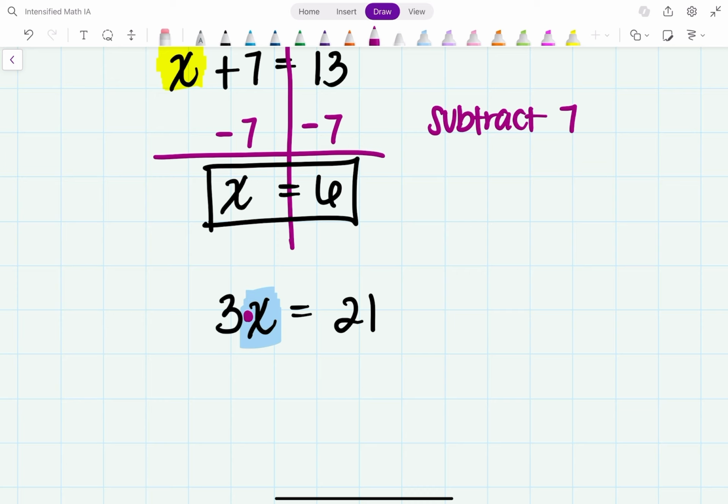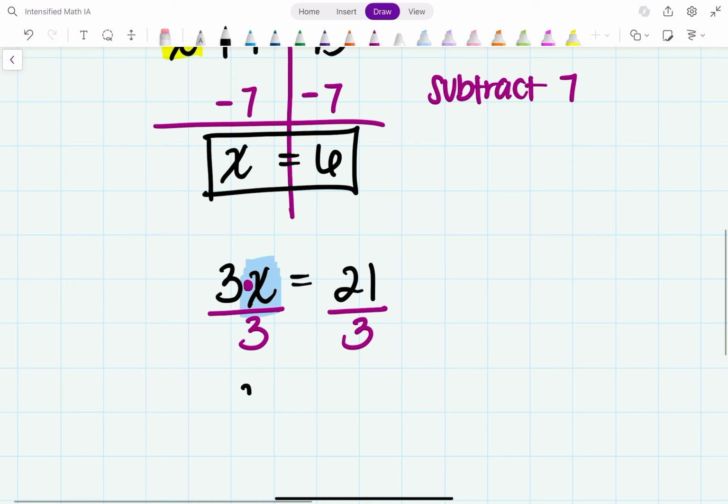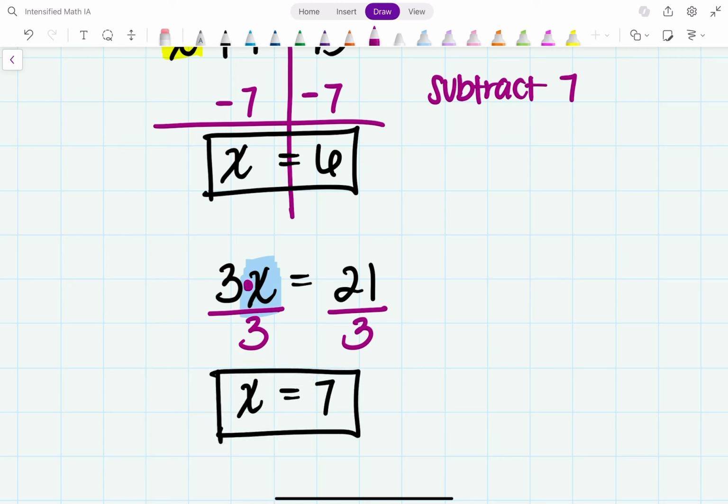We have multiplication between the 3 and the x, so to get rid of the 3, I have to divide both sides by 3. That gives us 1x, or x, is equal to 7.